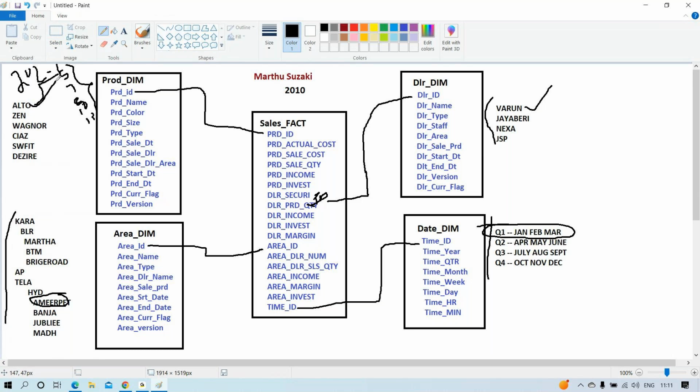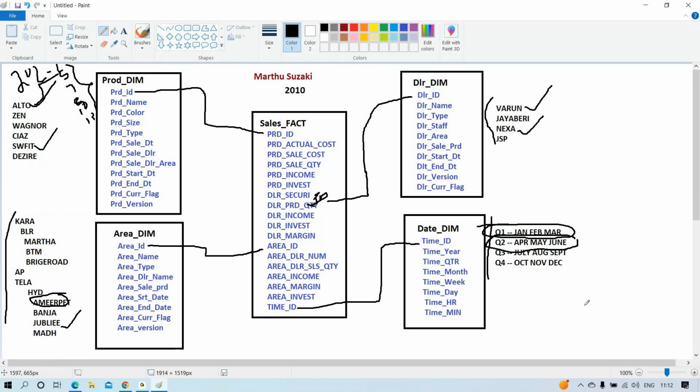The Maruti Suzuki production team should be ready to deliver the product to Varun Motors, only for the Amirpet branch, and only for Alto. Correct or not? In another case, what is the sales increase by Nexa on the product Swift in the year, in the area of Jubilee Hills, within quarter 3, quarter 2 or else.